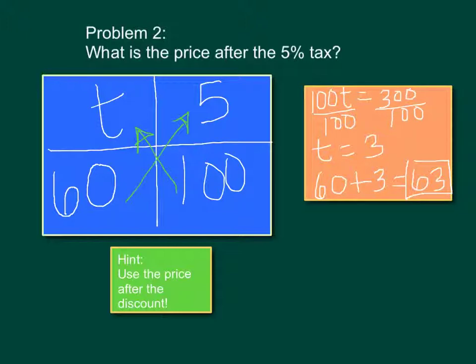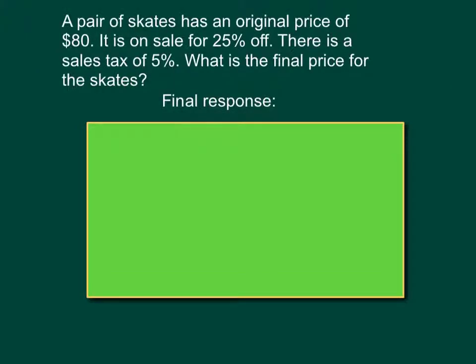Now, we had a really good word problem to start with, so we want to supply a really good final response. Let me read that word problem one more time. A pair of skates has an original price of $80. It's on sale for 25% off. There is a sales tax of 5%. What is the final price for the skates? Well, we want to make sure that whoever's reading our response knows that we did a lot of work.